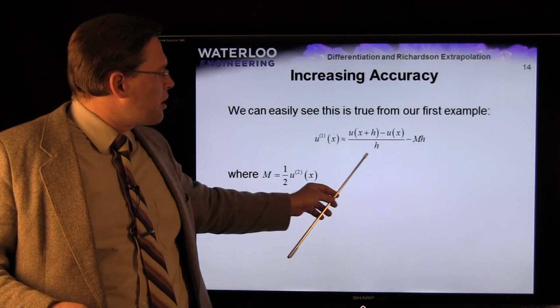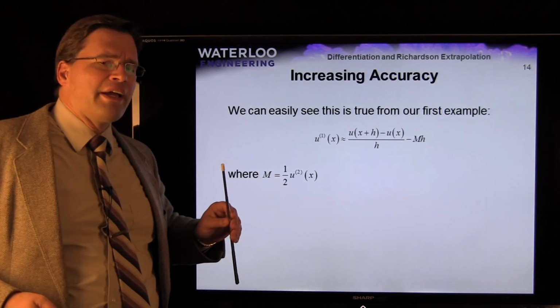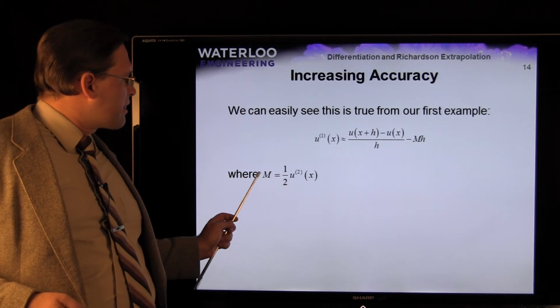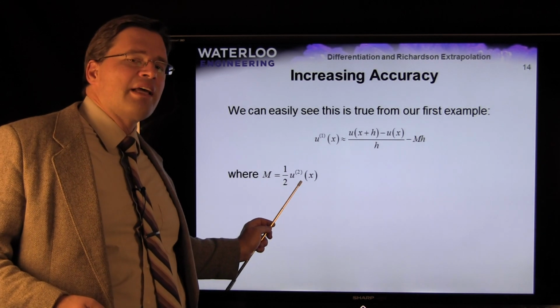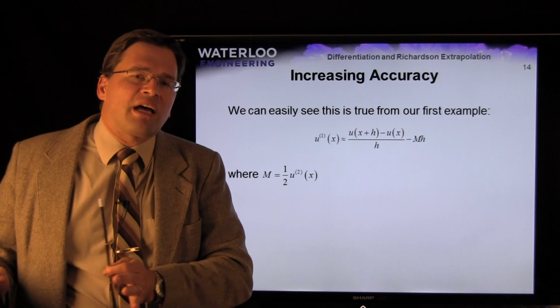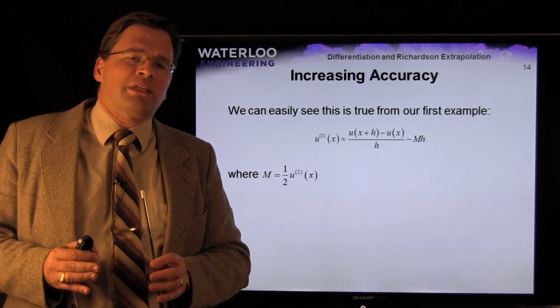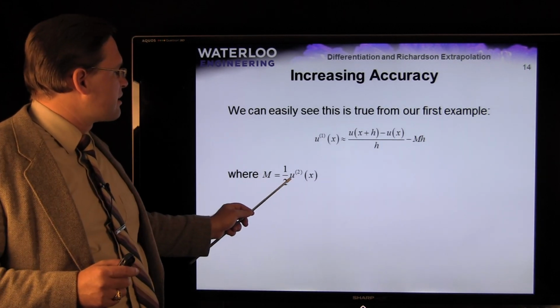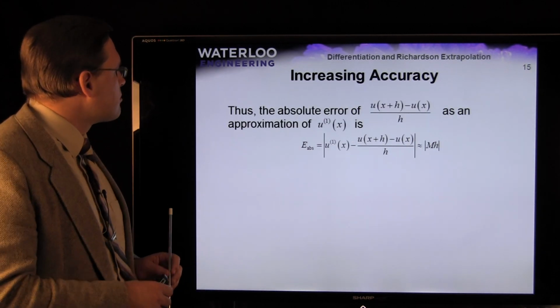So we can say that the derivative is equal to our approximation minus a small error, and that small error can be approximated by the second derivative at the point x as opposed to the second derivative at xi, where xi is somewhere between x and x plus h. Let's just use the second derivative at x.